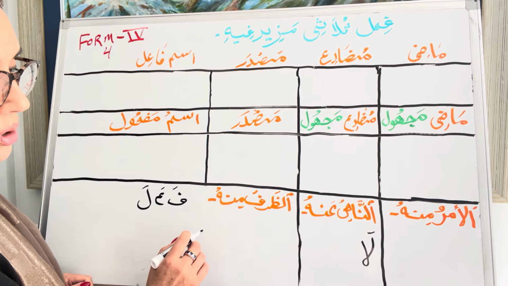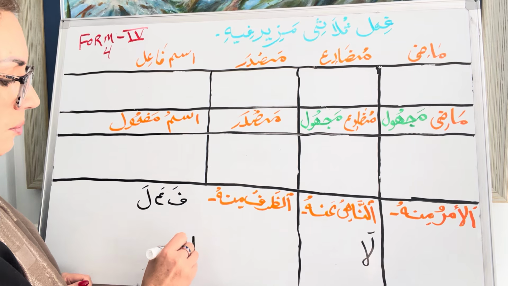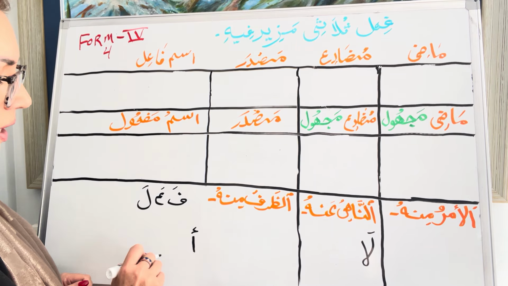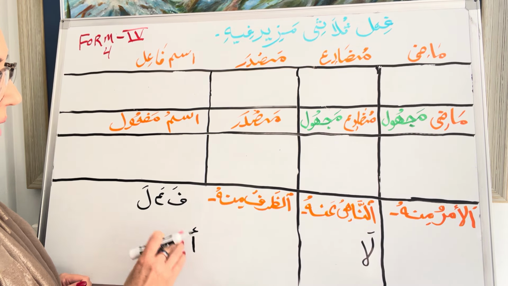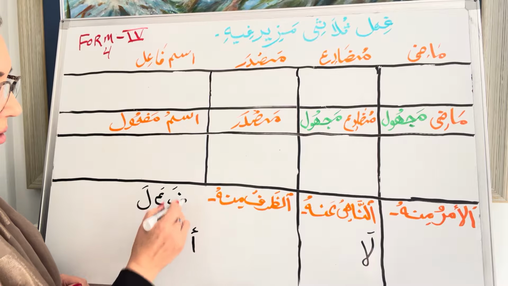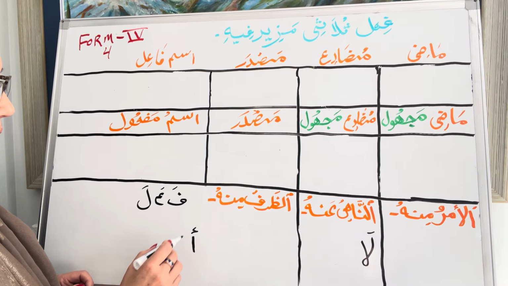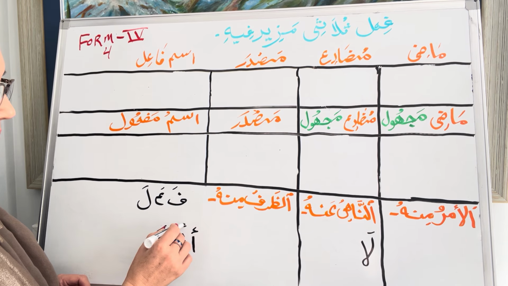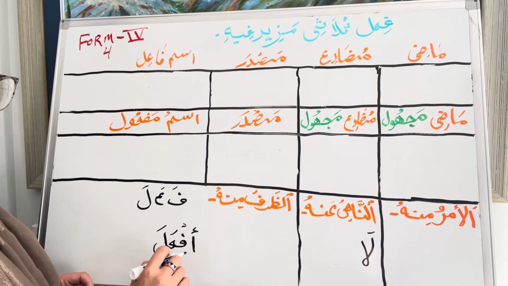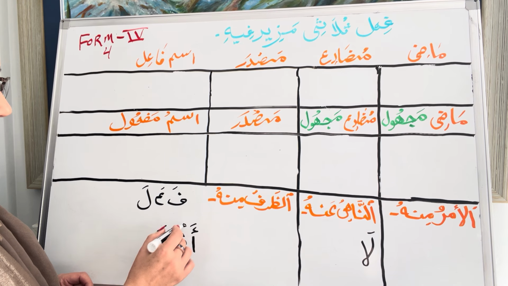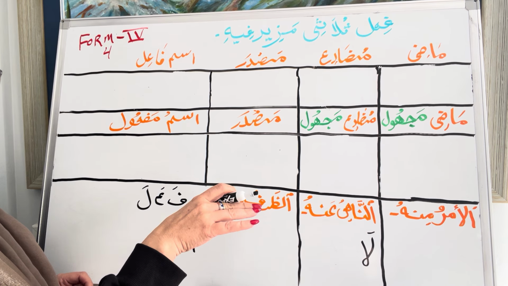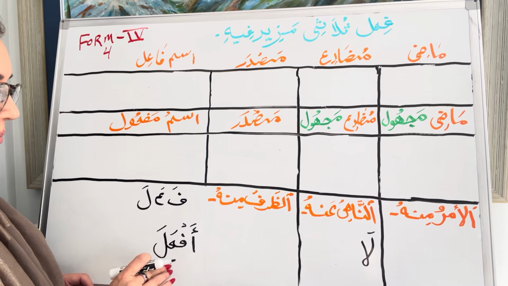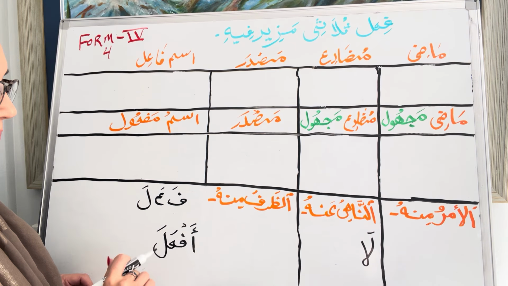This is hamzatul qat'a, meaning hamza, like that. This is added in the beginning, so it would become af'ala, right? So this is how it's going to be. Any other verb that we plug in here is going to take this form.